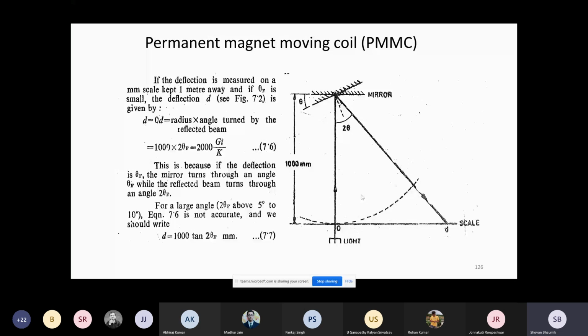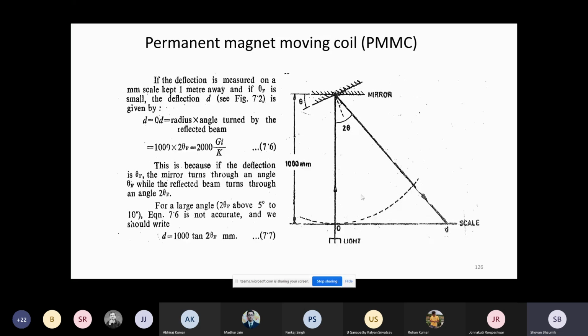Now one thing is very clear to all of you, that this instrument is very sensitive, because if a very small amount of current is passed, you will get deflection. That can be deflected as a pointer over the scale, or as a mirror.